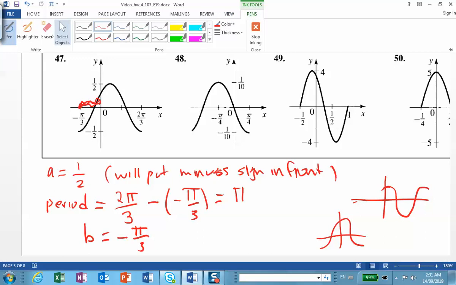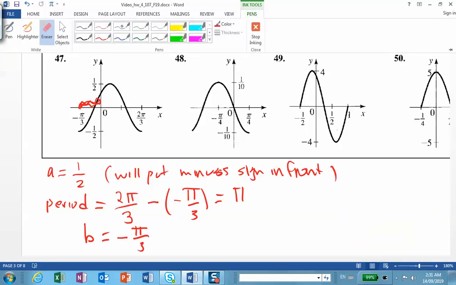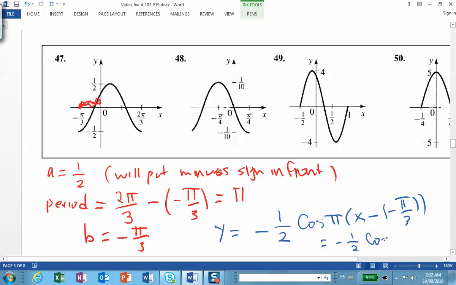And I'm going to write my answer as y equal to negative 1/2 cosine of k, and k is pi, times x minus pi over 3, which remember, minus pi over 3. Let's clean it up here. It's equal to minus 1/2 cosine of pi x.